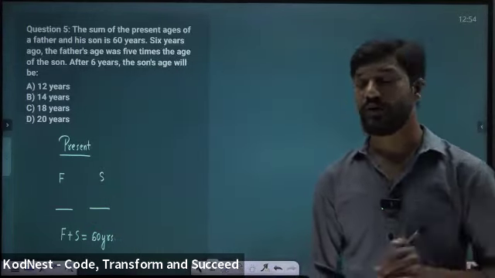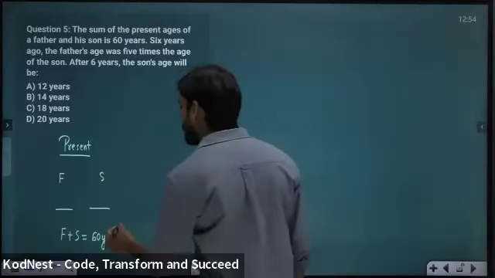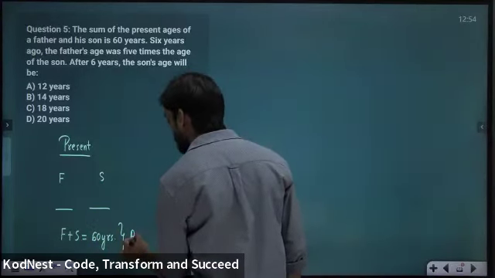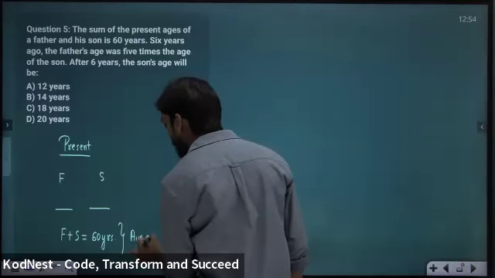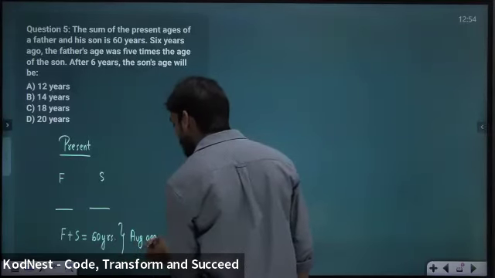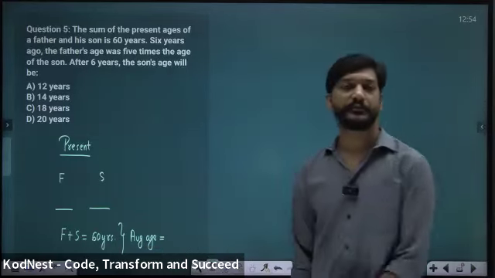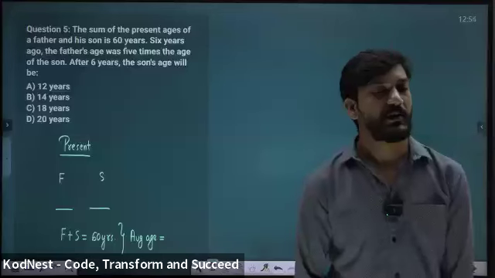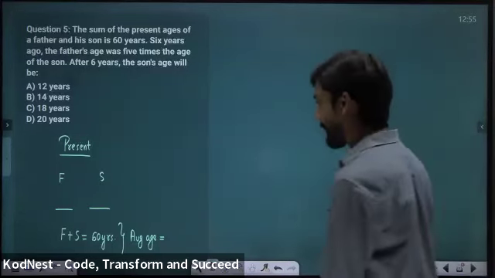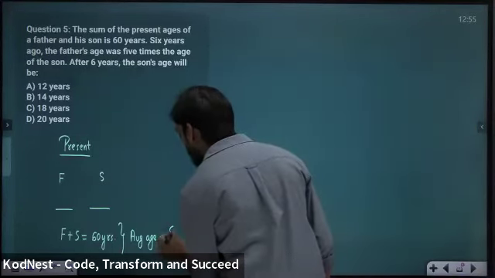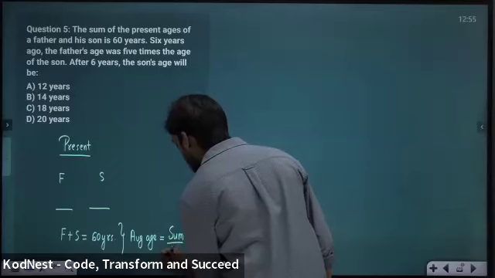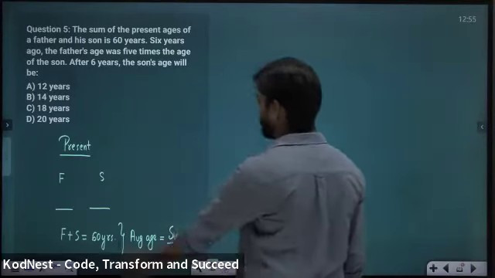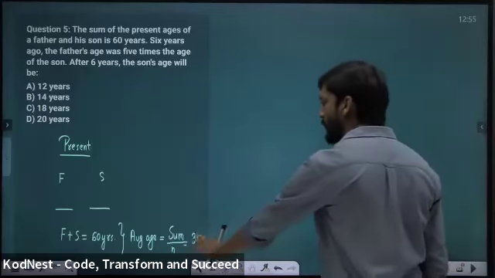Never. Not required. In that case, if sum is given, calculate the average. So what is the average age if sum is 60? Average equals sum divided by number of persons. So 60 by 2, that is 30. Okay, so 30 is your average.